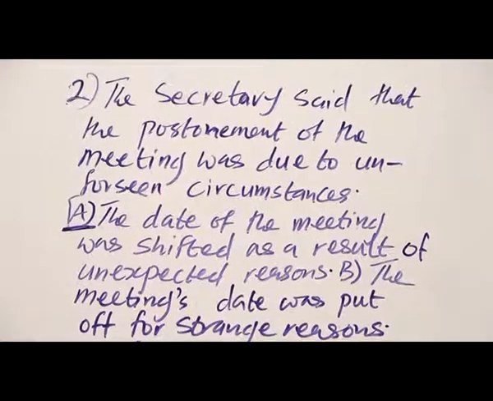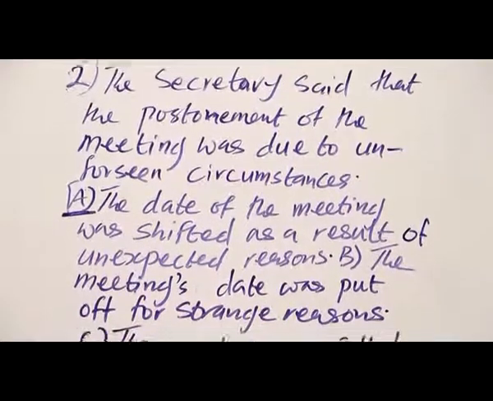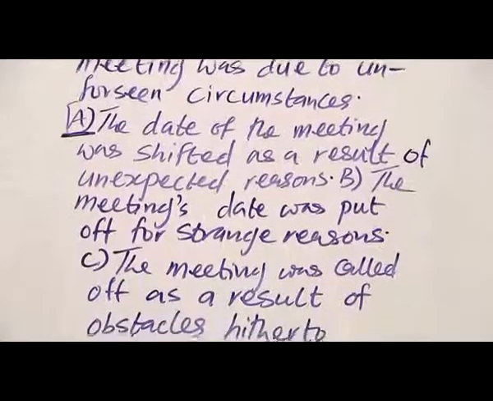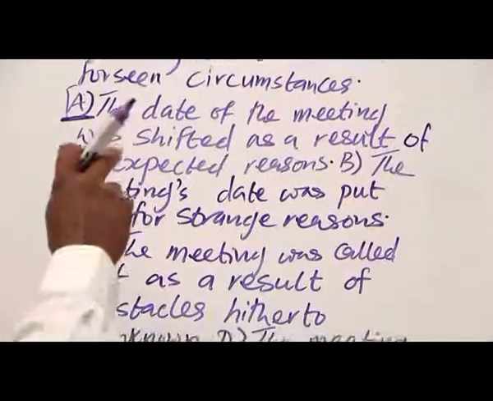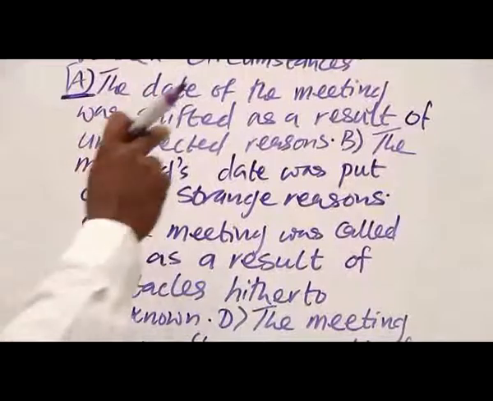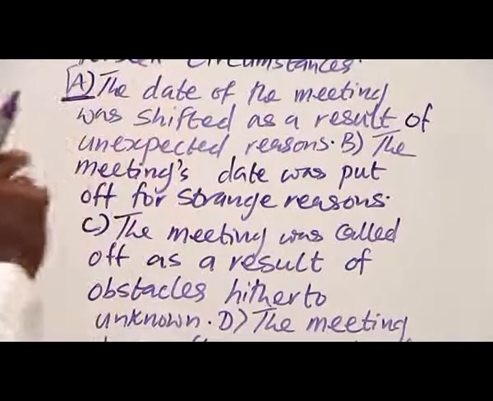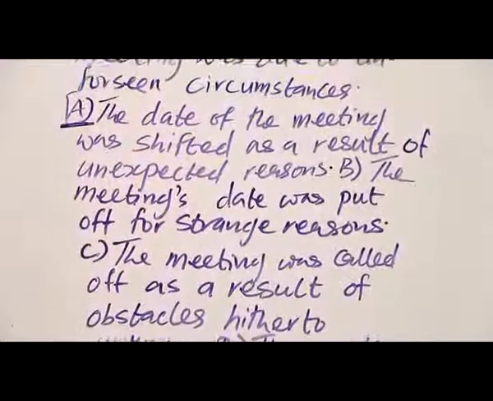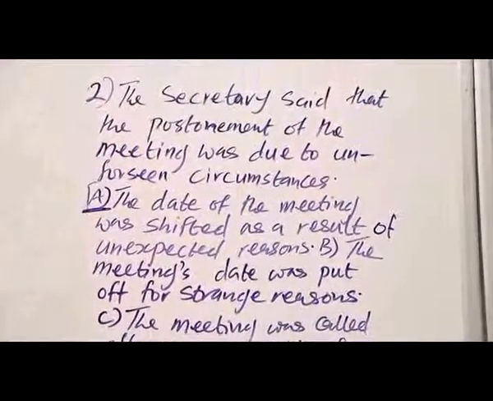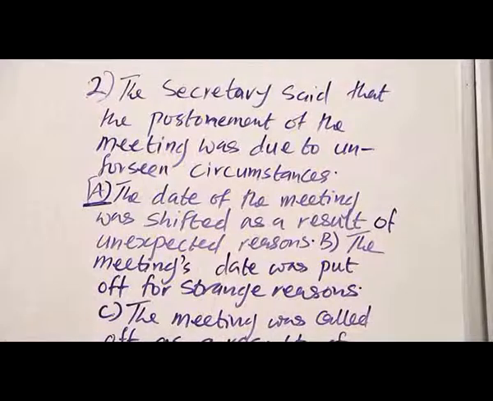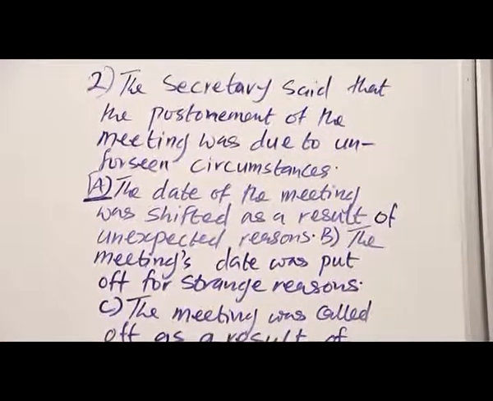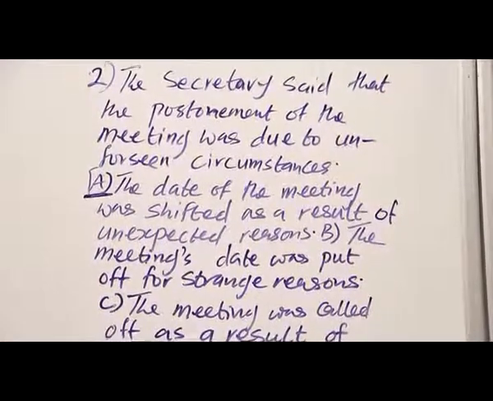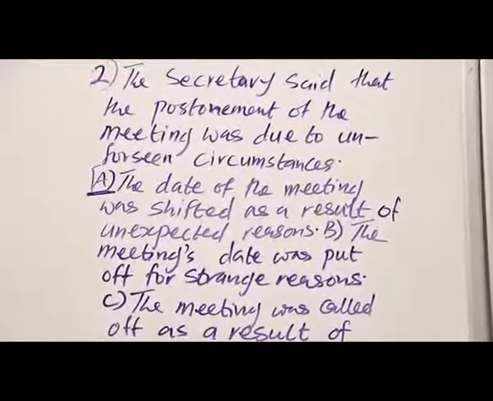For strange reasons. Now, let's look at that. The question has it that due to unforeseen circumstances. If circumstances are unforeseen, would that make them strange? You know when something is strange, it is something you are not familiar with. Now, these circumstances could be familiar ones, but they were not foreseen.